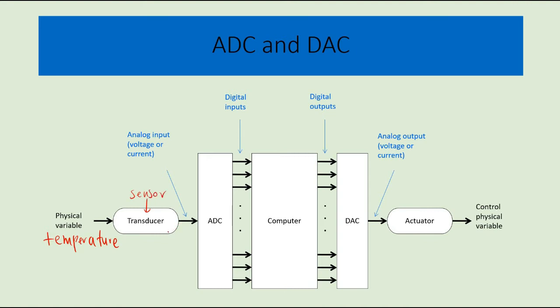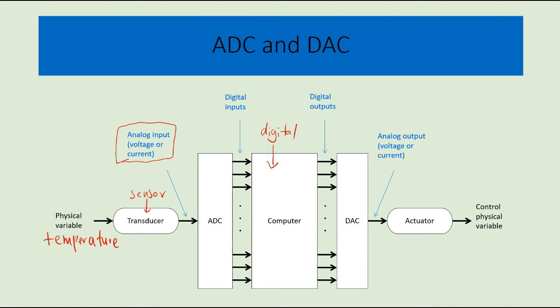So the value of temperature ranges, for example, from 0 to 30. Okay, so there is an analog input. Okay, because our computer only understands digital. Our computer only understands 0 and 1s, machine language.